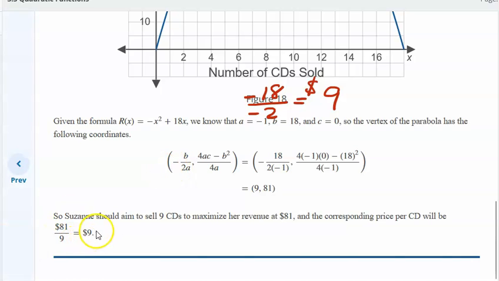Now there is a second question. What would be her revenue then? That is money sold. Well, we need to find the y value. So putting the data into this formula, we get $81 as the corresponding price.